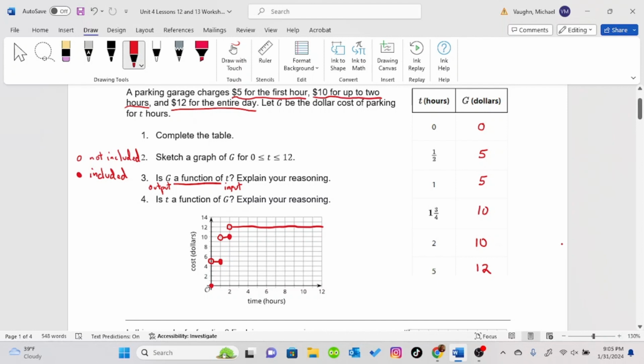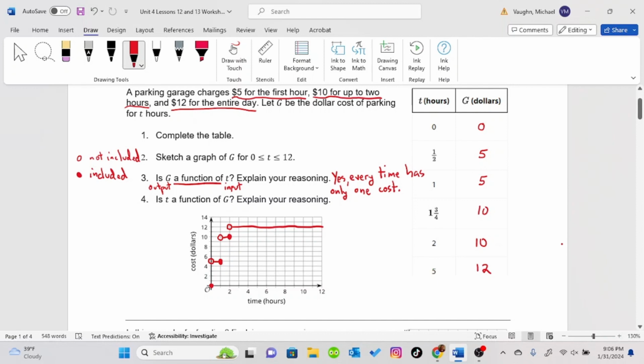So for this to be true, this means every time has only one cost. And that is true. So, yes, every time has only one cost.